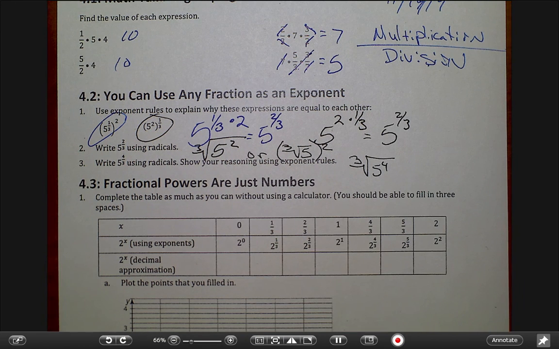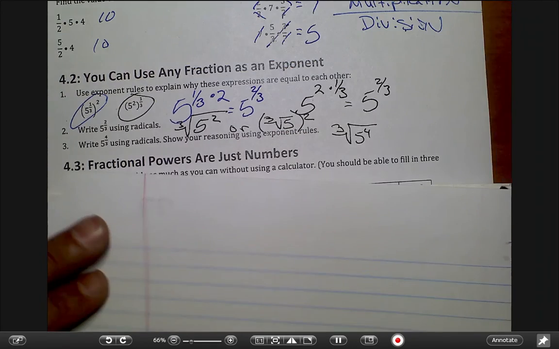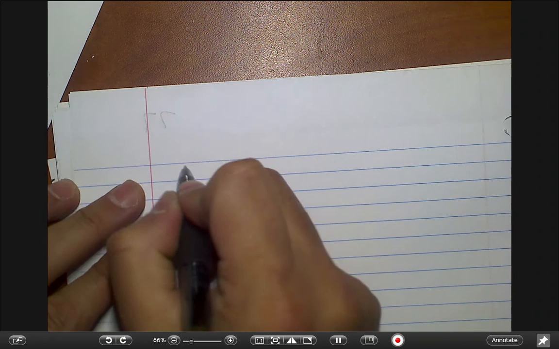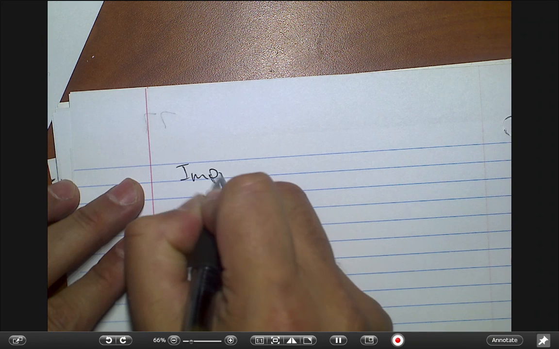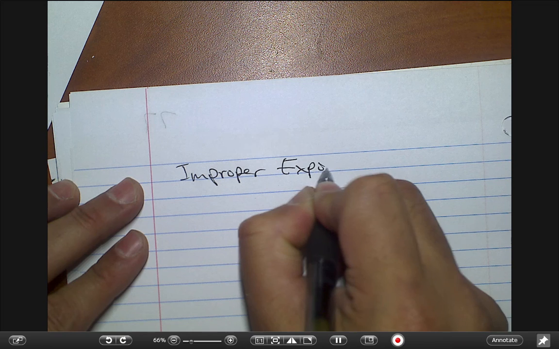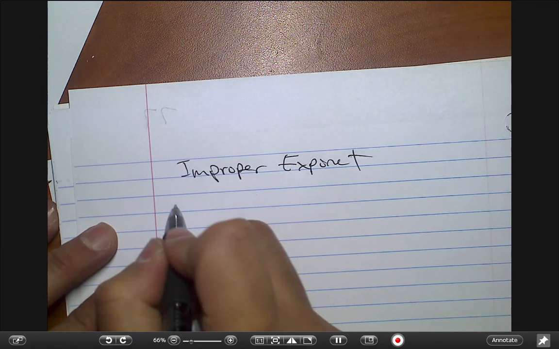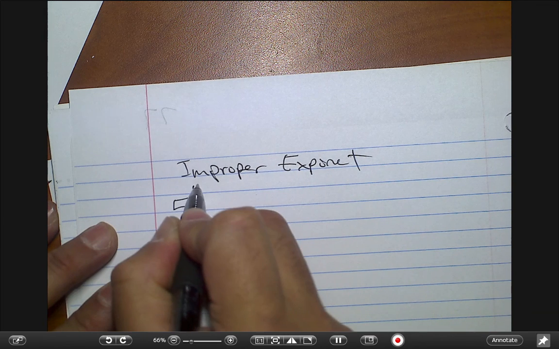Now, I'm going to go off to the side, and on the line paper, I'm going to do some more with this one, because this one actually is special. So it is an improper exponent. So everyone can see, it's 5 to the 4/3.